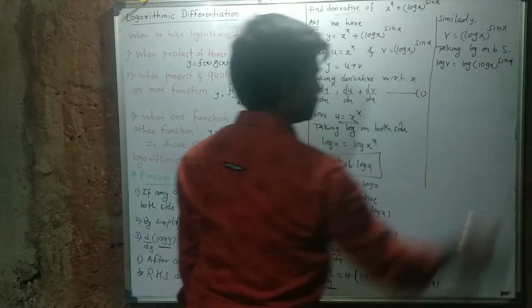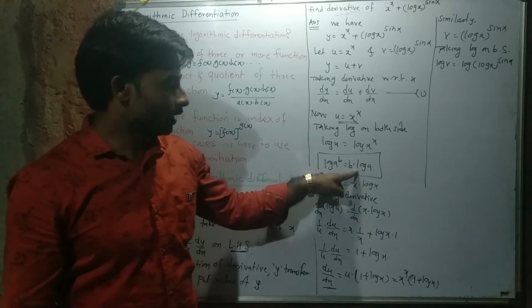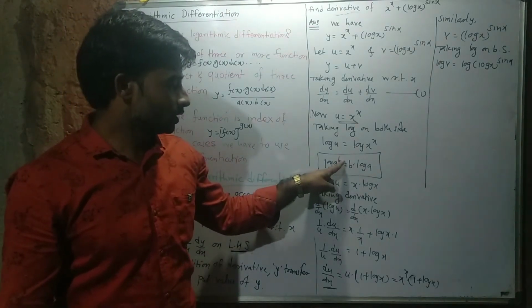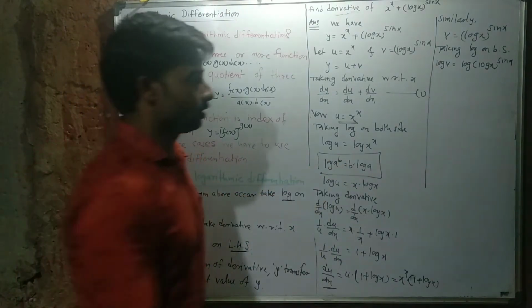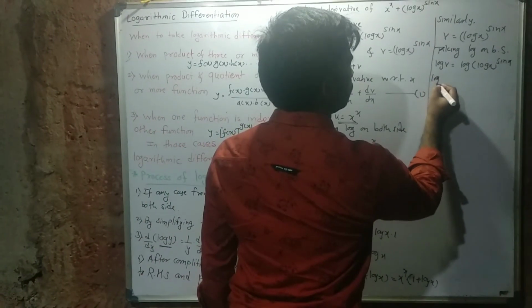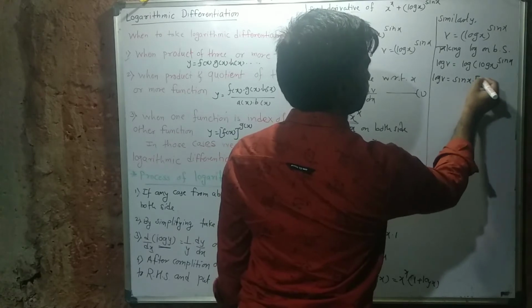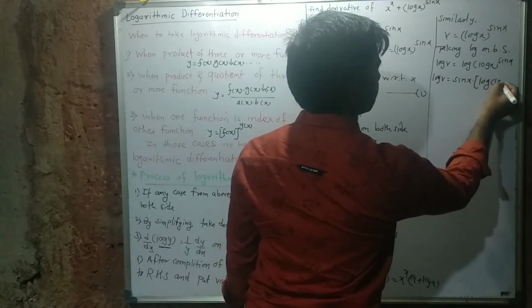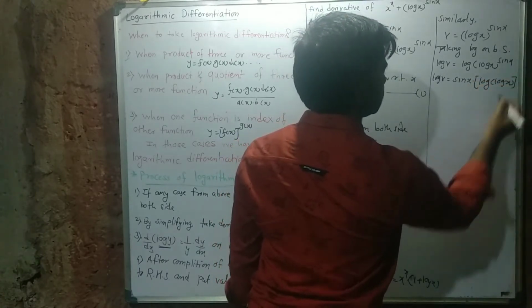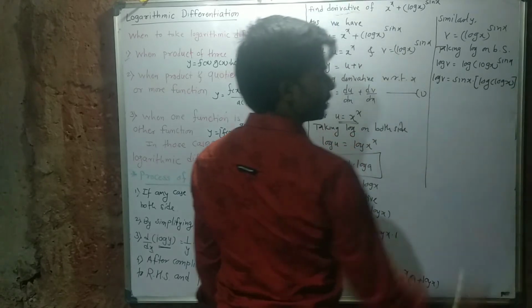According to the rule, when there is an index, it is multiplied to the log, and therefore log v is equal to sin x into the bracket log of log x. That means this is one function and this is another function.